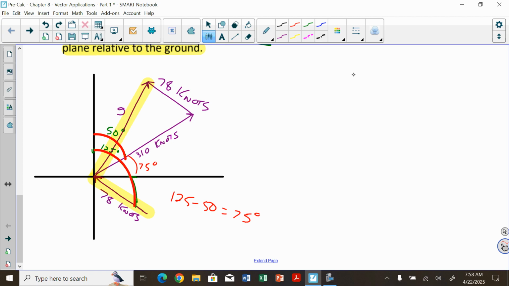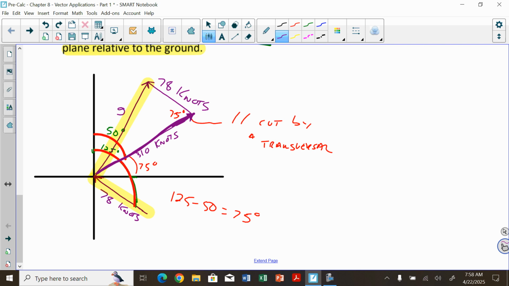And now here's where I have to use a little geometry. Because that angle is 75 degrees, this angle right here also has to be 75 degrees, because parallel lines are cut by a transversal. Remember those, because this vector that we drew here, the 310 knots, is a transversal cutting through parallel lines.